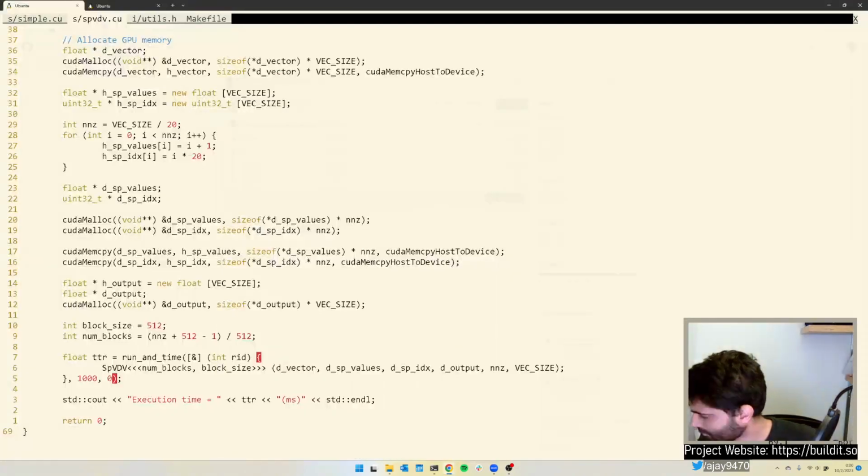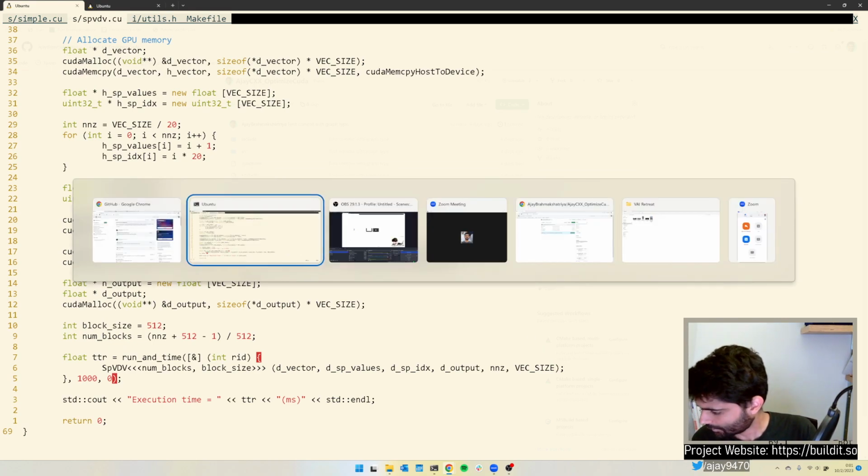The easiest way to do that is a CUDA. Give me a second.